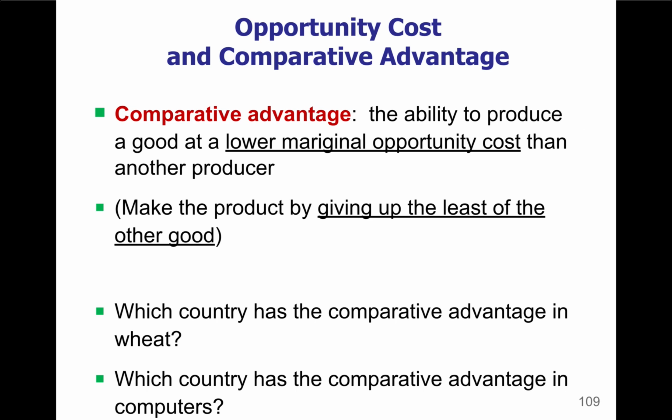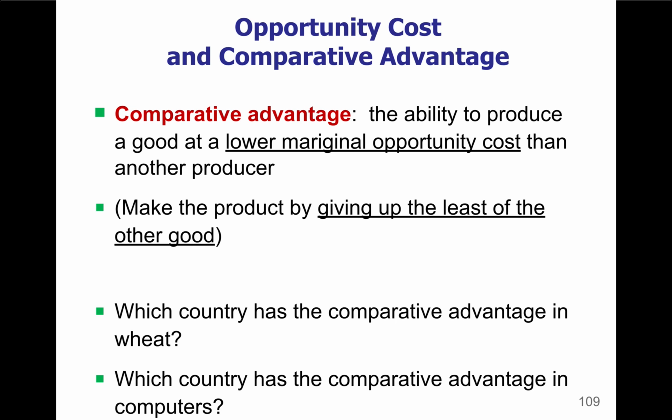And which country has a comparative advantage in making computers? This one would be Japan, because every time Japan makes a computer, their ratio between wheat and computers is a 1-to-5 ratio, whereas ours is 1-to-10.